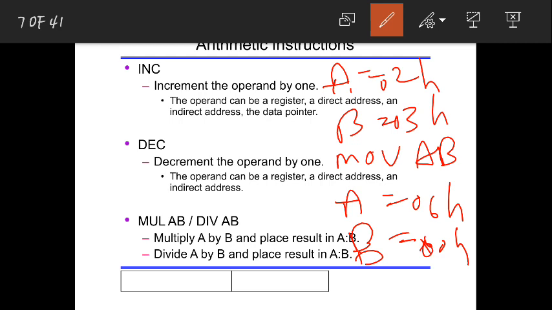The result is not exceeding 8 bits. If the result exceeds 8 bits, then B will also hold some value.